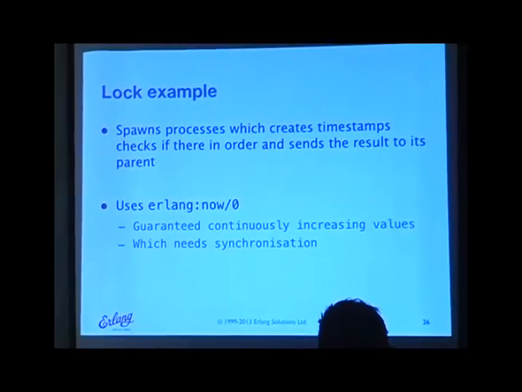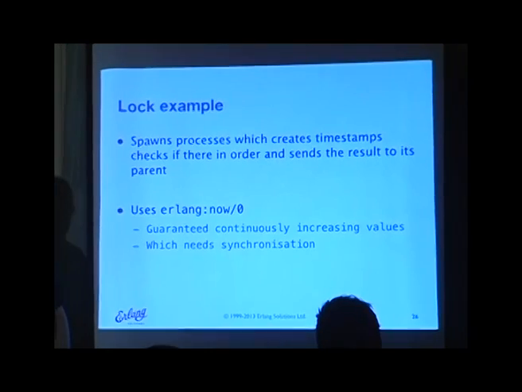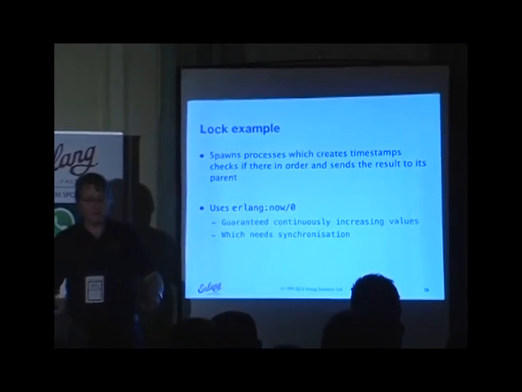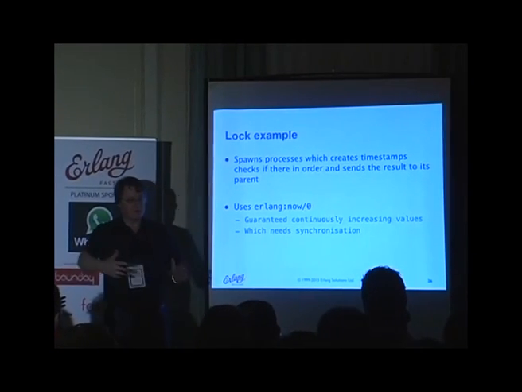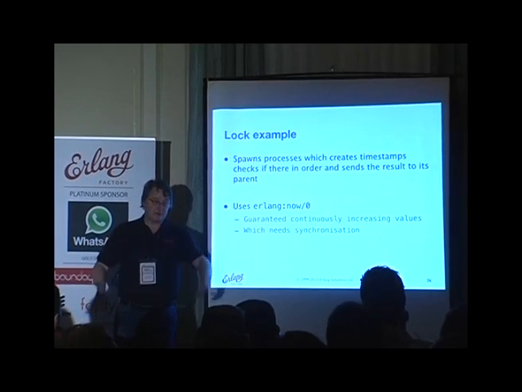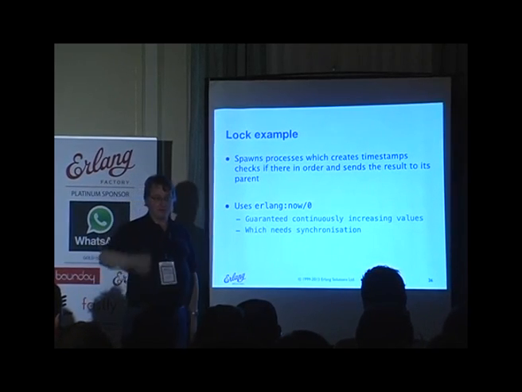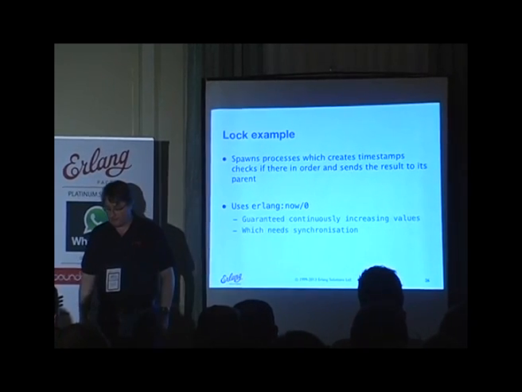So it spawned a bunch of processes which were creating timestamps. It spawned about 3,000 or 4,000 processes. They just created timestamps using Erlang now and compared the values. And then after a while, they just send their reply back to the master saying, yeah, all the timestamps are growing, which is what they were testing.